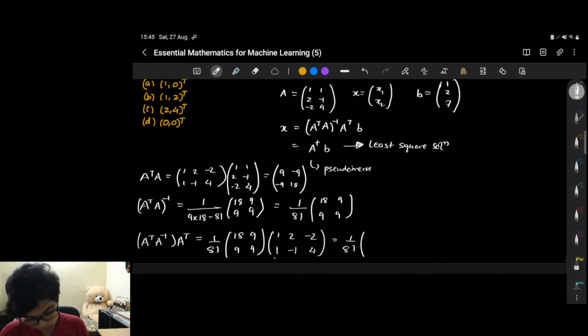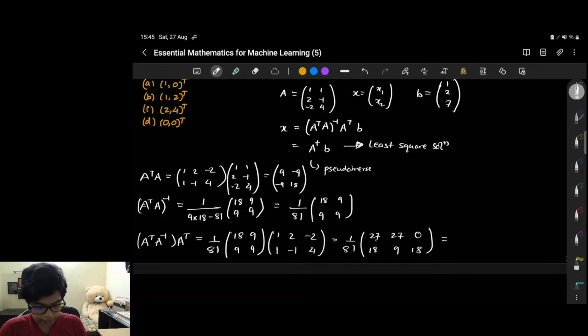So 18 into 1 plus 9, that's 27. 18 into 2 minus 9, that's again 27. And then 18 into -2, that's -36, plus 9 into 4, 36, that makes it 0. 9 plus 9, 18. 9 into 2 minus 9, that's 9. 9 into 2, 9 into -2 plus 9 into 4, that makes it 18.